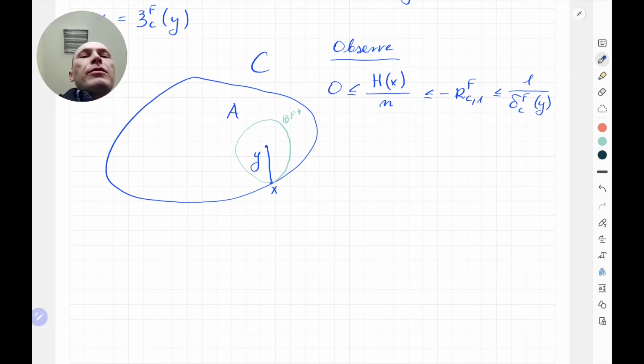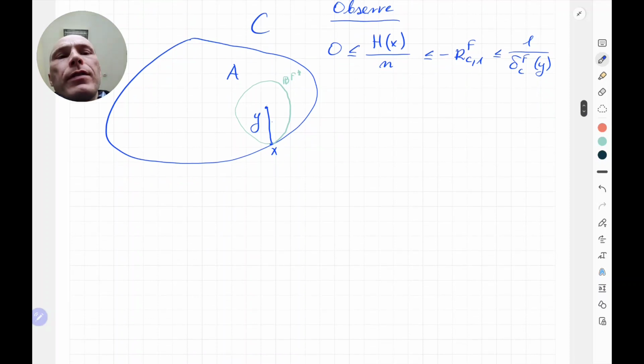So the sign changes. H is the sum of all principal curvatures, so if you divide by n, the mean value of principal curvatures is of course less than the biggest one, and the biggest principal curvature cannot be bigger than this one just because of the ball, because this is the principal curvature of the ball, and this ball lies inside A. So from there you get this estimate.